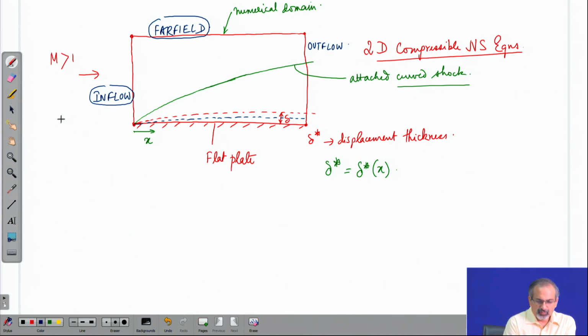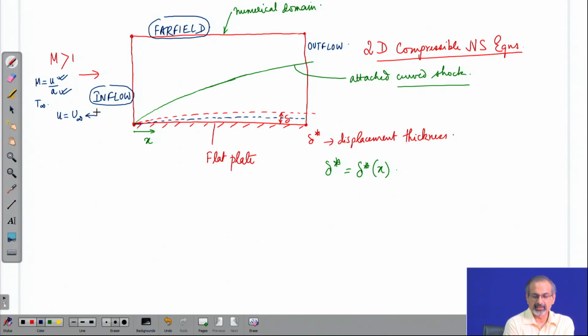At the inflow, what do you have? You have u equal to u infinity, and how do you obtain u infinity? So, from the Mach number you have u by A, and from the temperature that you have set in the free stream, you can define A, and based on the Mach number that you have set, u will be automatically obtained.